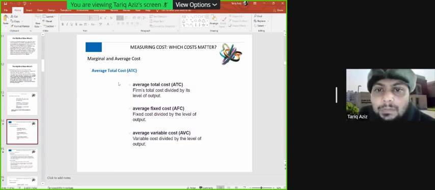Similarly, if we divide the fixed cost by the number of output, that gives us average fixed cost. And if we divide variable cost by the number of output, that gives us average variable cost.